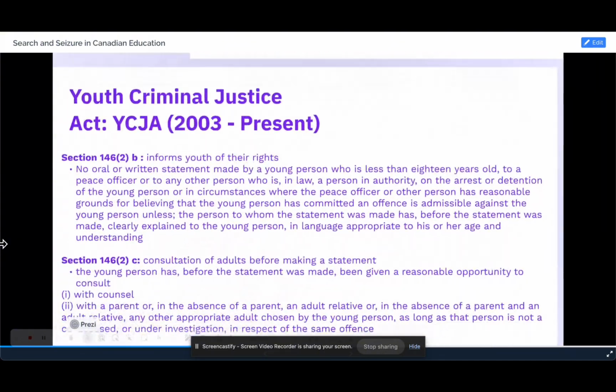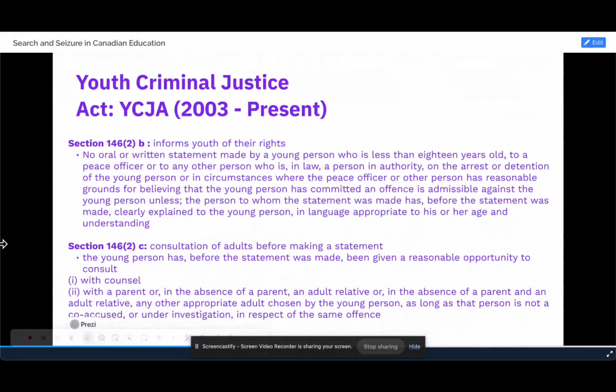So then after that started the Youth Criminal Justice Act, which started in 2003 and continues to run now. So that promotes proportionate and meaningful responses to youth offending. It recognizes that timely and informal criminal justice responses are often sufficient to address criminal offenses.